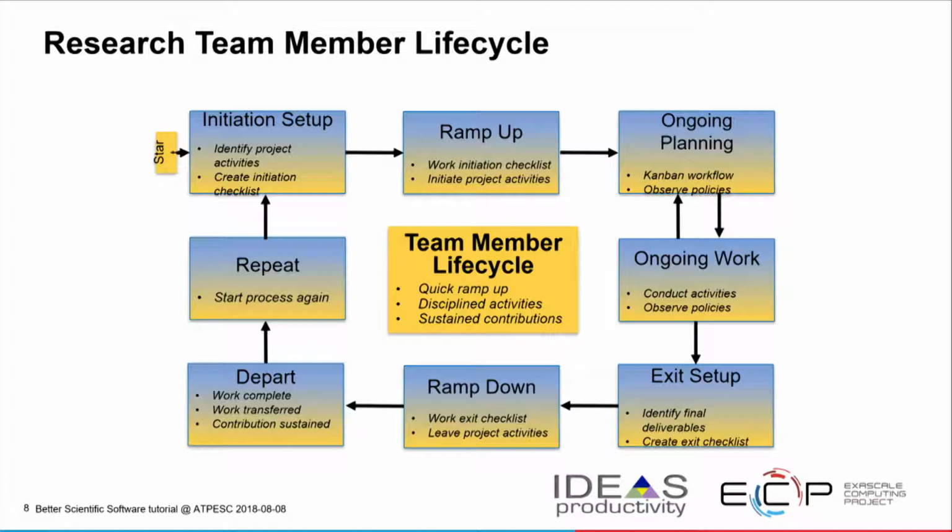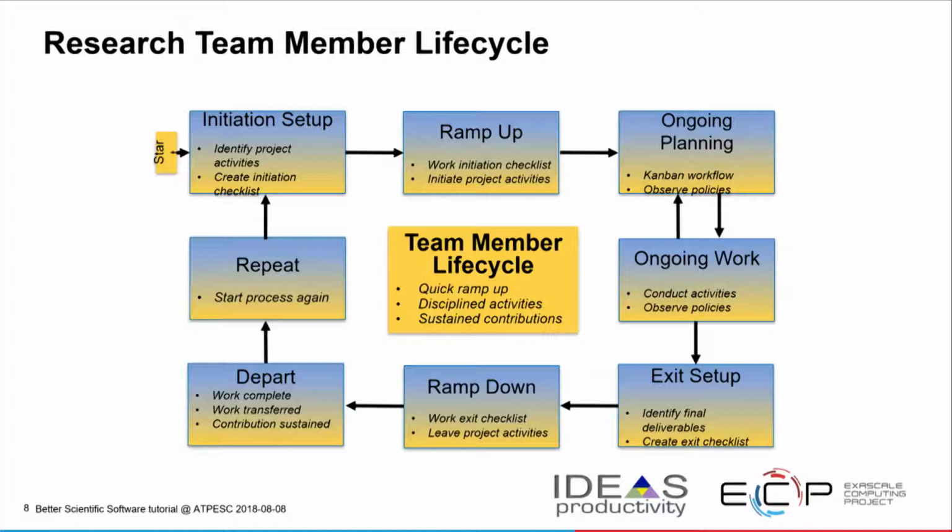You want to figure out what it is that you need these guys to do before they depart. Create a checklist to help ensure that you're getting everything you need. Work with them as they ramp down to figure out what they know, and as they're getting off of the project activities and handing them over to somebody else.